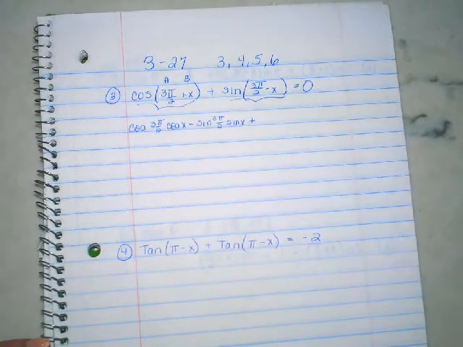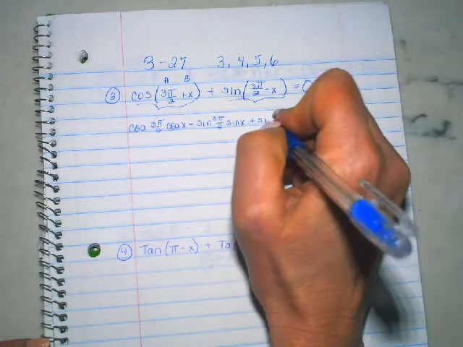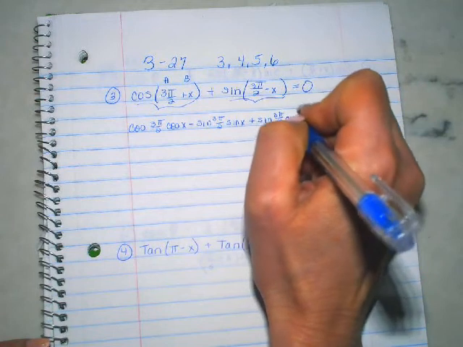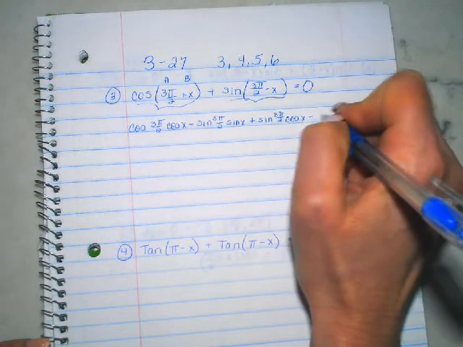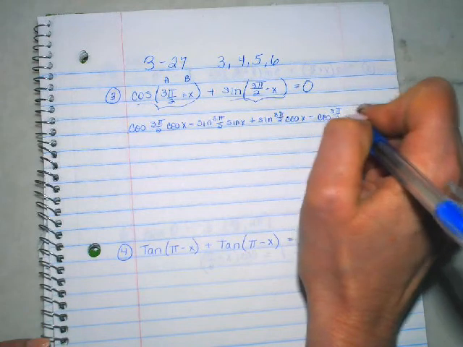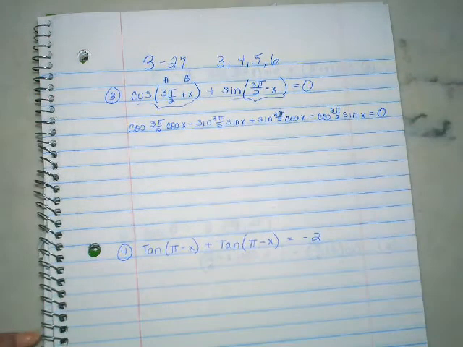Now this is the sine identity, so we expand this one. It's going to be the sine of 3 pi over 2 cosine x minus cosine 3 pi over 2 sine x equals 0.